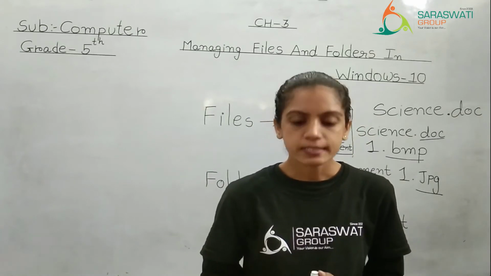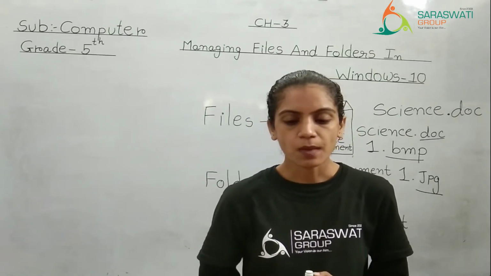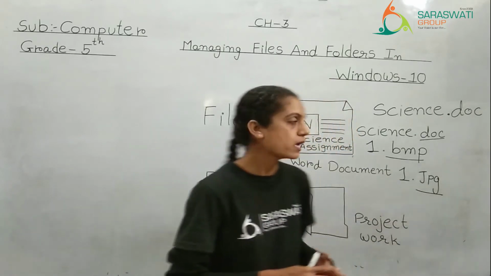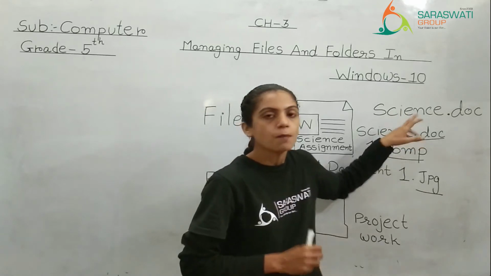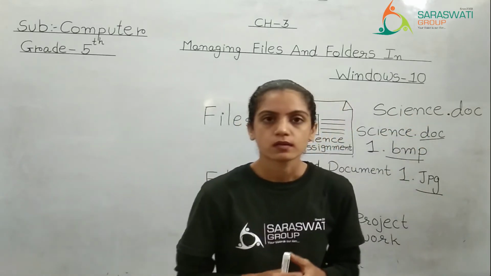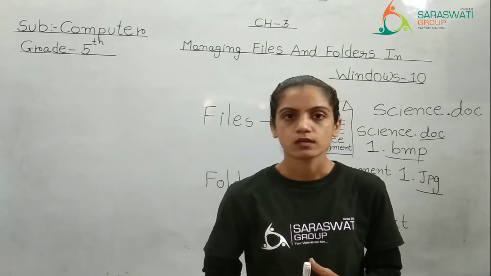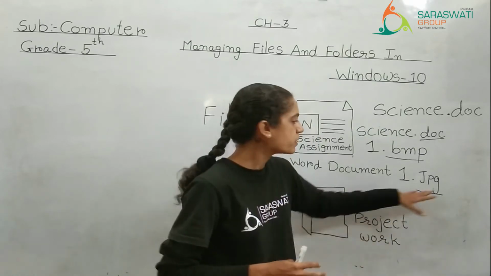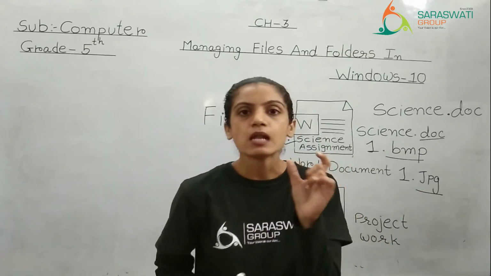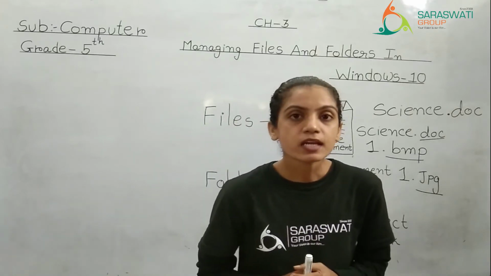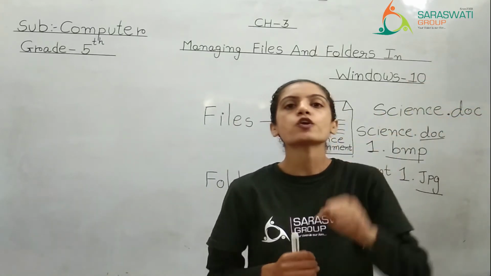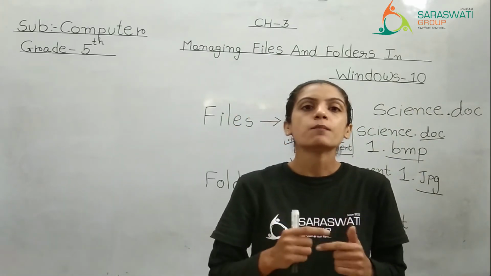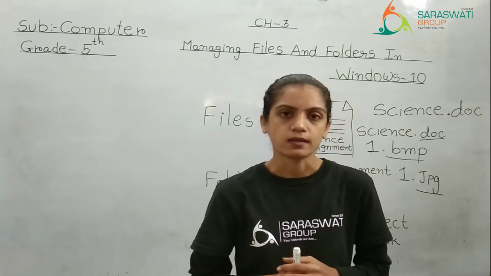The type of content in the file can be identified by looking at its file extension. We can identify our file by its name. But suppose you have not made a document. Instead, you have made a picture which is saved in the format of JPG. Right? JPG image. So with the help of that extension, you can identify that this is a text document and this is a picture. So extension also helps us in identifying the file. Right?